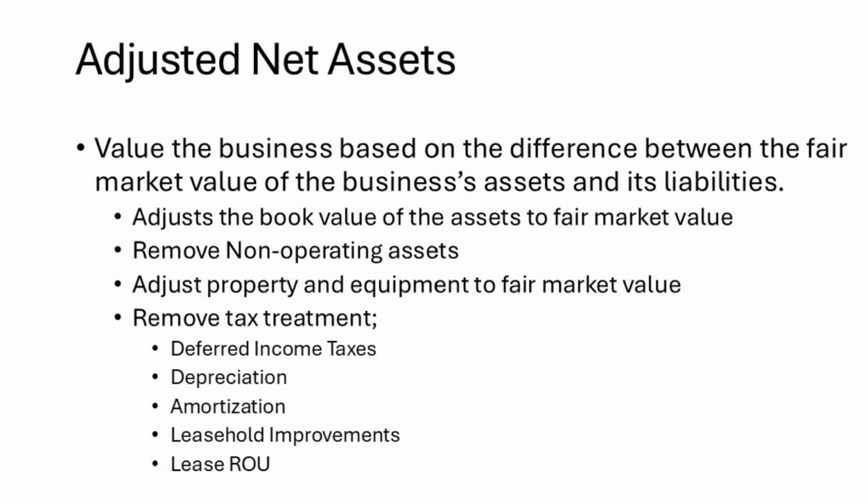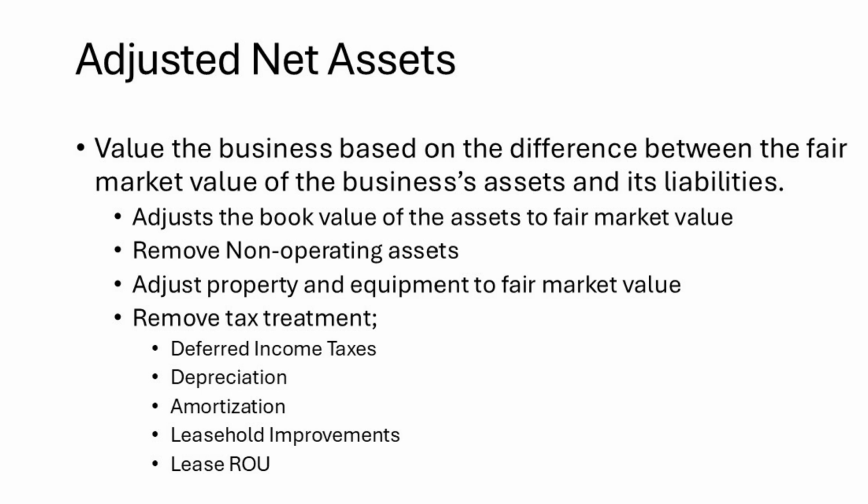Let's take a look at the adjusted net asset method. Now, I usually do this method first in a business valuation or even when I'm looking at putting a business to market. And the reason for that is when I look at the balance sheet, there are things that can jump out. And one of the adjustments to the balance sheet before we go through the calculations is to take out any non-operating assets or liabilities.